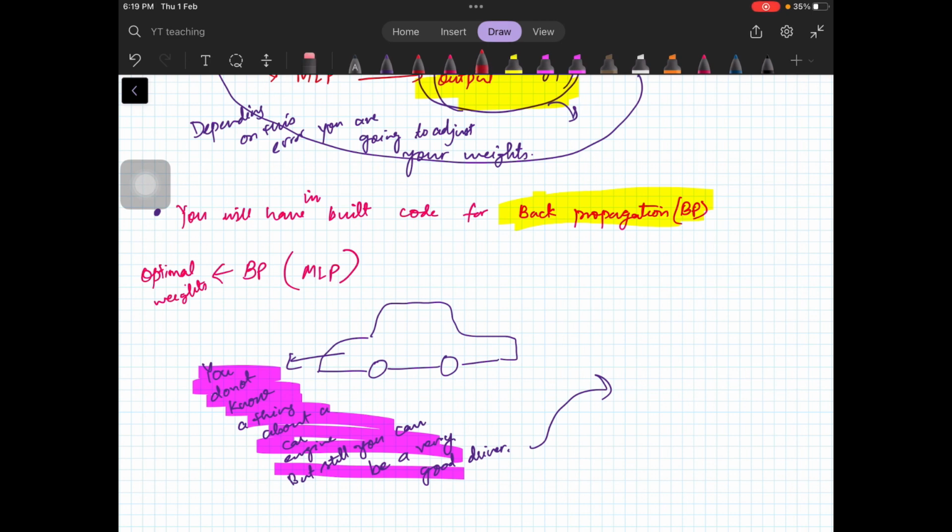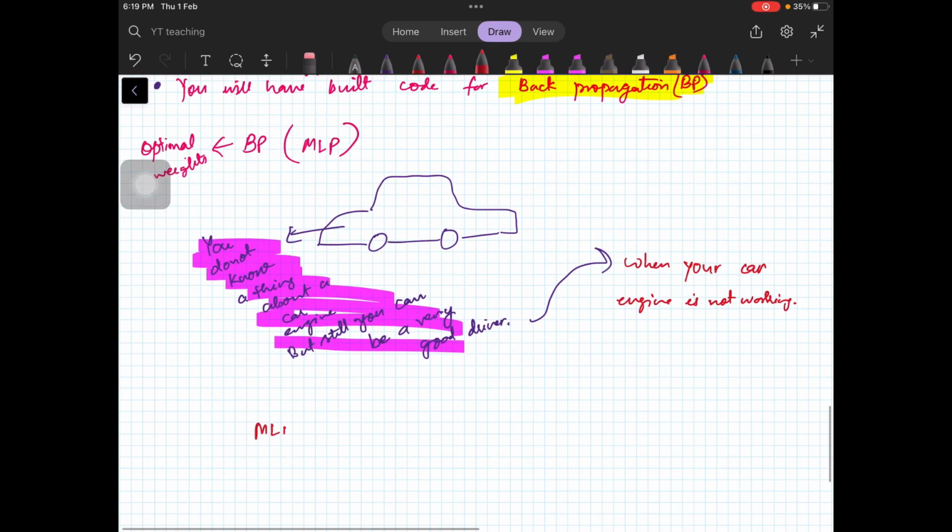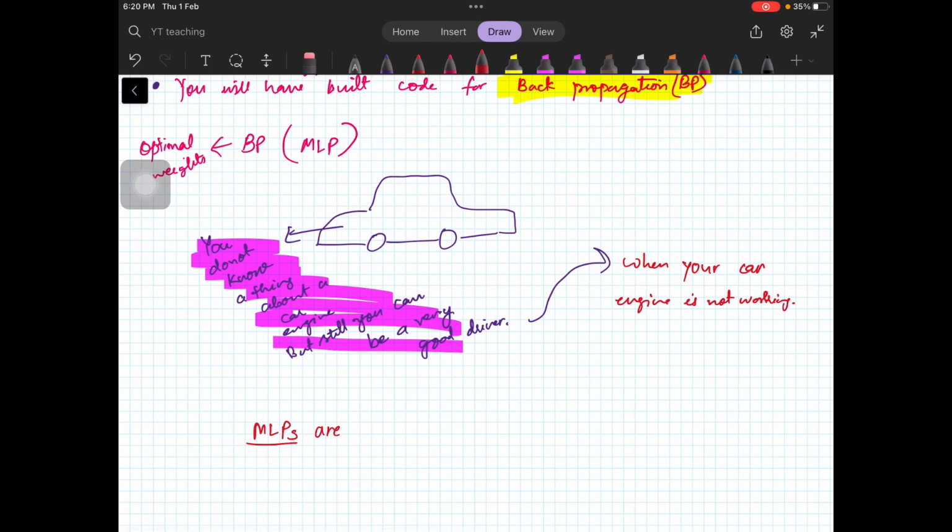At that time, when your car engine is not working, you realize it would have been good if you had some information about your engine. In a similar way, when your MLPs are not working according to your need, you want to do something with the back propagation process. At that time it is very much required that you actually know what back propagation is, right?